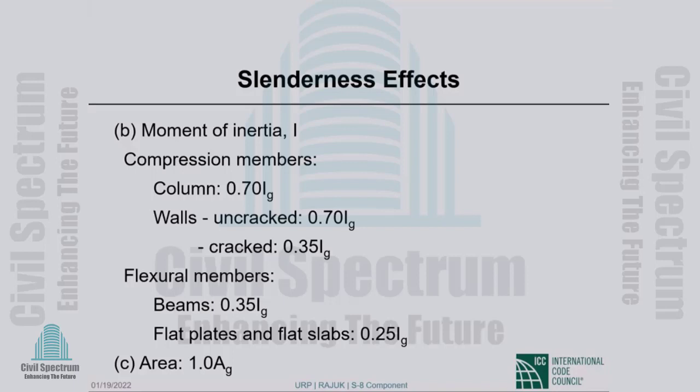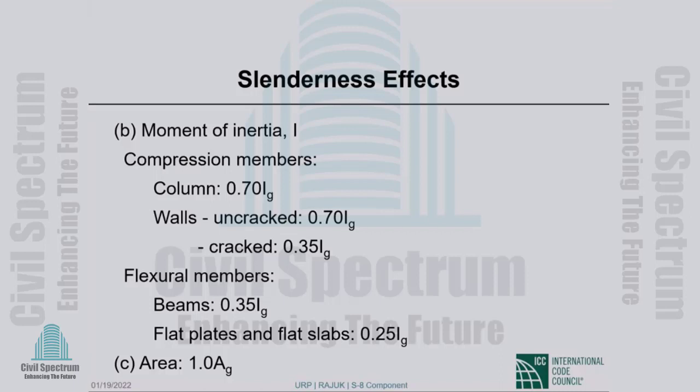Here, for slender column design, the code doesn't say you shall use these values, but you definitely are. The implication is that you will get the right results if you use these values. Okay, so I for compression members, columns, is 70% of I sub g.